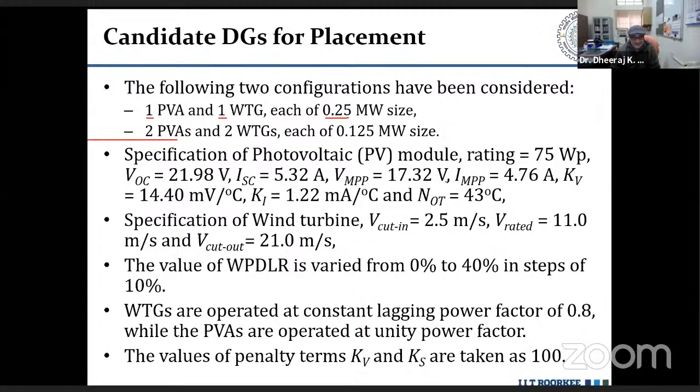And these are the specifications of solar photovoltaic modules, and the specification of the wind turbine. The value of wind power to load dispatch ratio is varied from 0 to 40%. That is the restriction on injection of wind power.